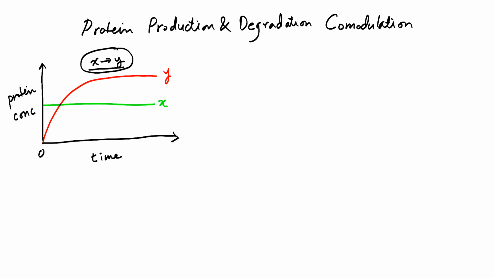X and Y in this case are used to represent genes. And here on the graph, X and Y are used to represent protein concentration. Please note that difference.